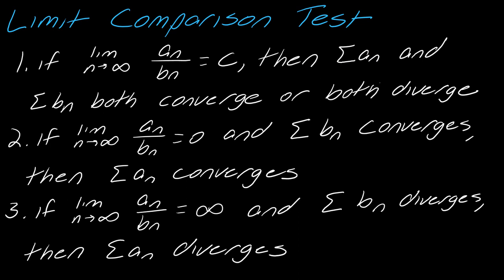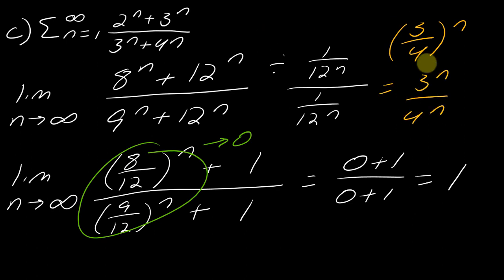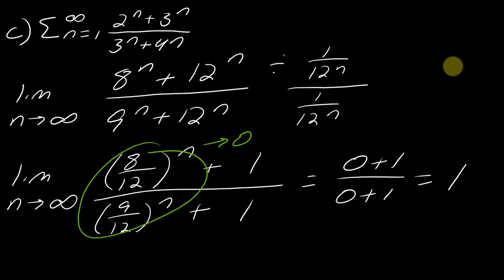Okay, so now let's think back to what I was actually comparing this to. So I'll maybe write that over here. Remember, I was comparing to the series 3 over 4 to the n, or I could write that as 3 to the n over 4 to the n. So these two things are equivalent. Maybe I'll get rid of this for a second and just write it out as a series.